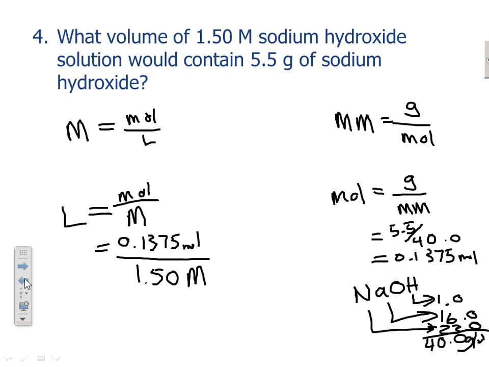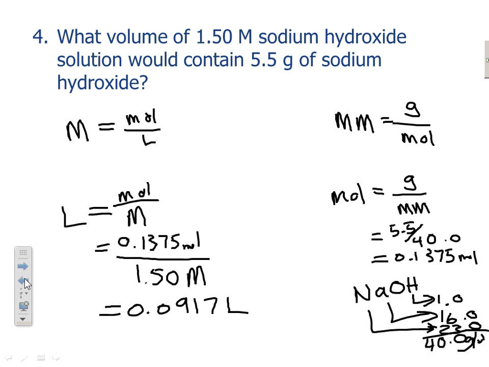And you can put the capital M. There's nothing wrong with it. And we will get a number of liters. And it's going to be a small number. That's okay. Where do you get there, Shay? You're looking at a number, you're questioning, you're wondering. 0.0917.